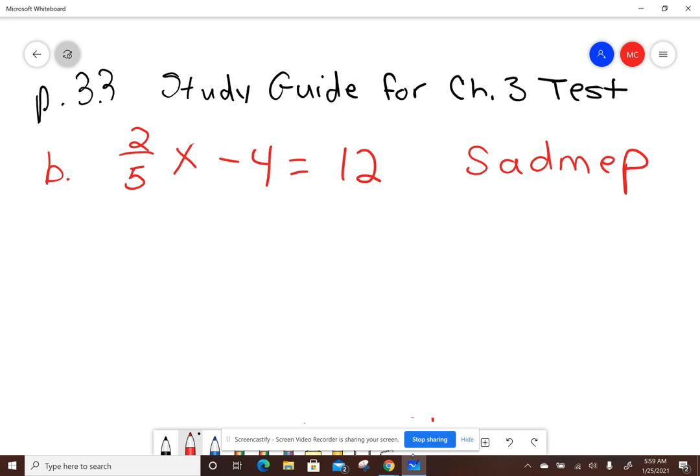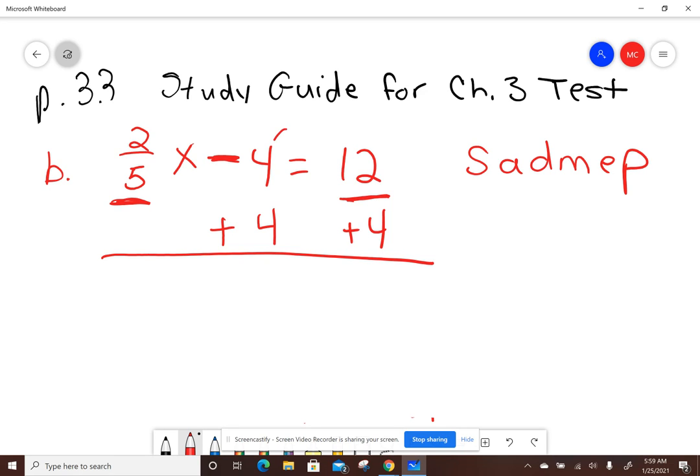Now the reason here is because sometimes when you think, oh, I'm going to multiply both sides by 5, you remember to multiply this term, you remember to multiply this term, but you forget to multiply that term. So in order to avoid forgetting, let's just add 4 to both sides first before we multiply by anything. So then I'm left with 2/5 x equals 16.